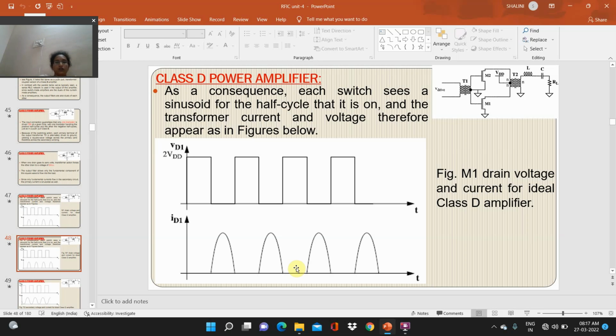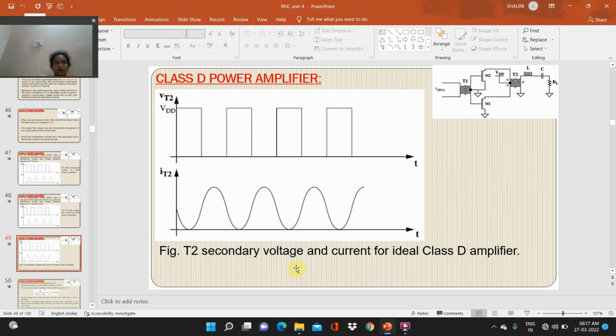Figures below: M1 drain voltage and current for an ideal Class D amplifier, and T2 secondary voltage and current for an ideal Class D amplifier.